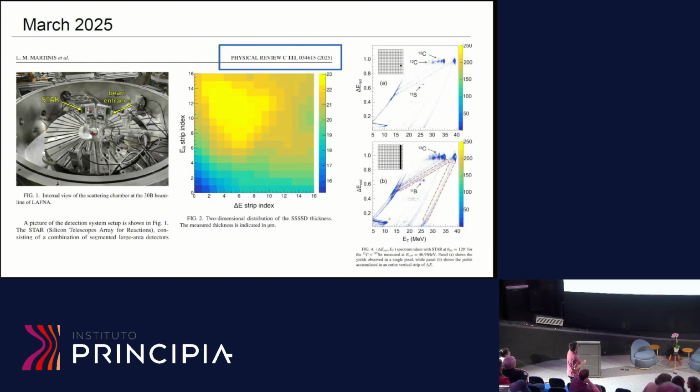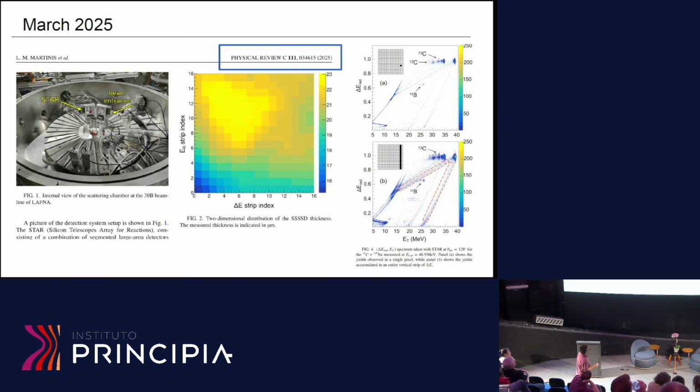And if we add events from different pixels in a proper manner, taking into account these features of this detector, then we can see here the spectrum of one single pixel. This was carbon-12 on 119, I think. And we see here elastic scattering, we can see the neutron transfer, we see the proton transfer.